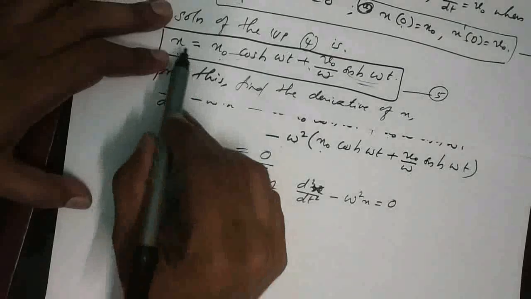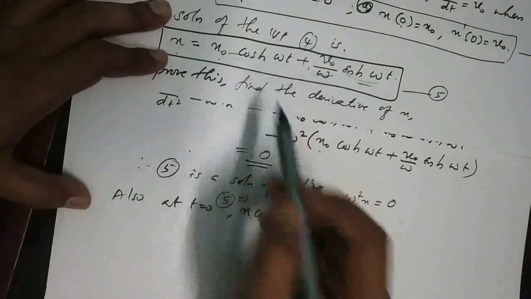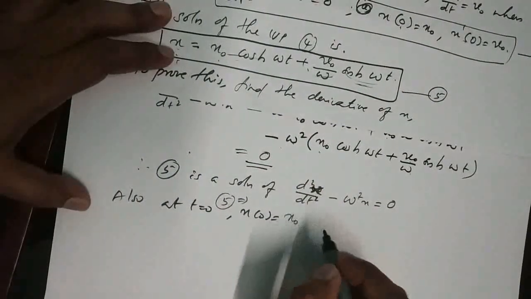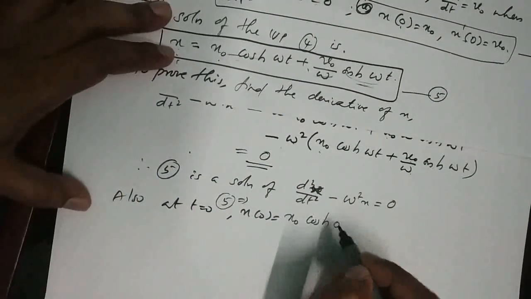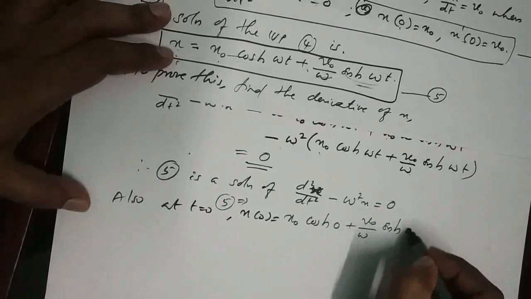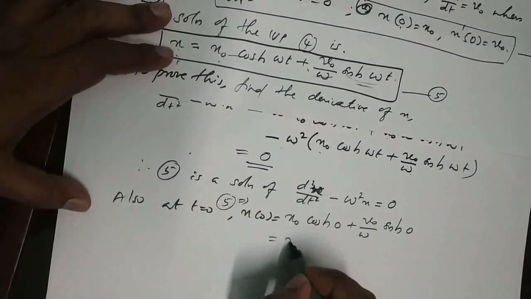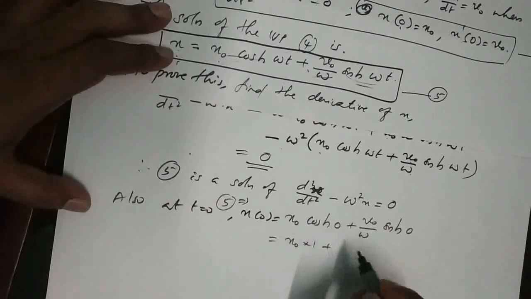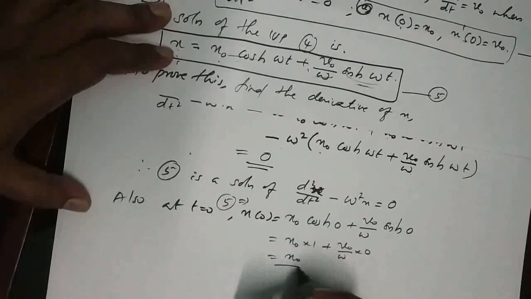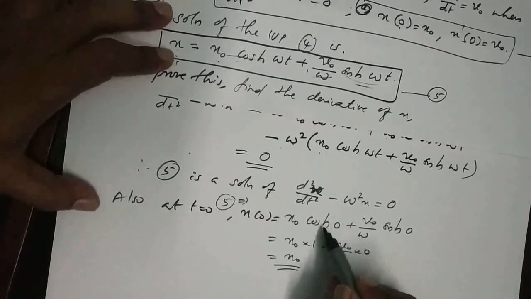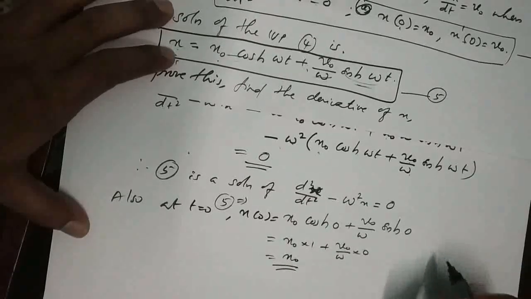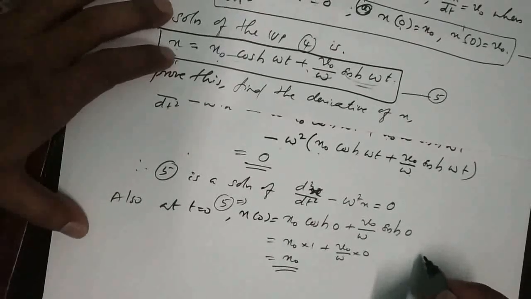From equation number 5, we can say that when t equals 0, x of 0 is equal to x0 into cosh of 0 plus v0 divided by omega into sinh of 0. This is nothing but x0 into 1 plus v0 divided by omega into 0. This is equal to x0, because cosh of 0 equal to 1 and sinh of 0 equal to 0.